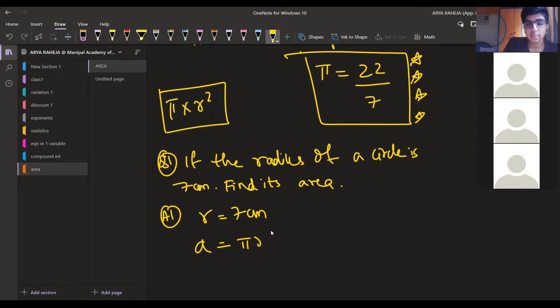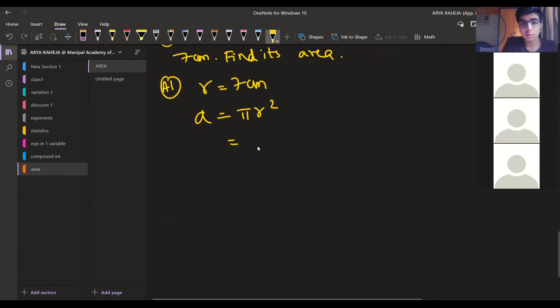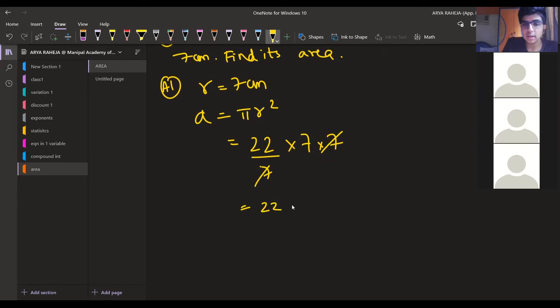So area is equal to pi into r square, now pi is nothing but I just told you 22/7 is the value. तो यही डालना है. Into now r square which is 7 into 7. या तो directly 49 लिख दो, एक ही बात है. So now 7 cut. So this is 22 into 7. So now if you multiply this, you should get the answer 154 centimeter square.